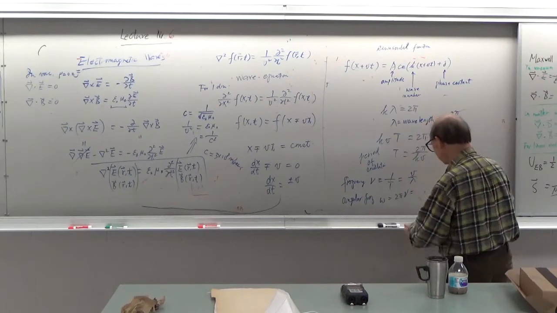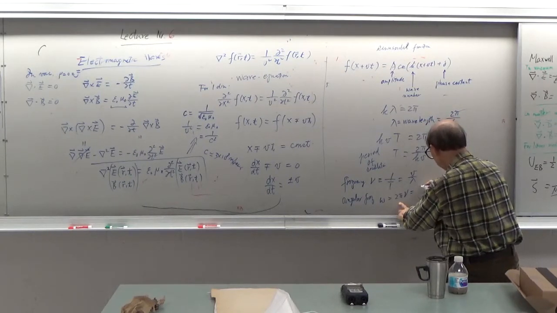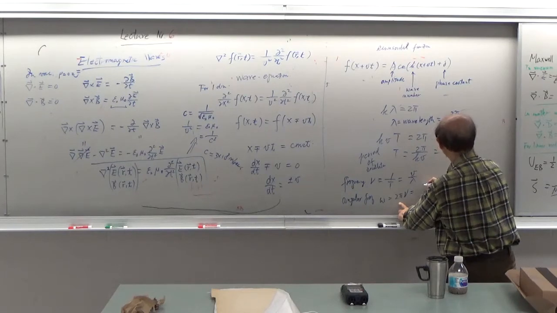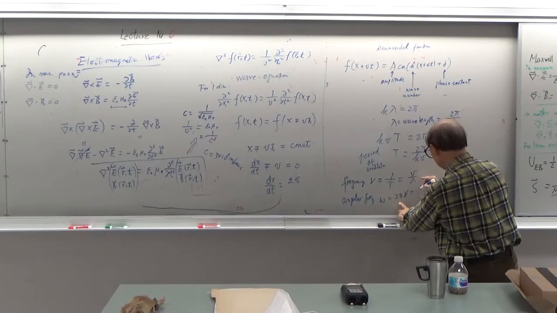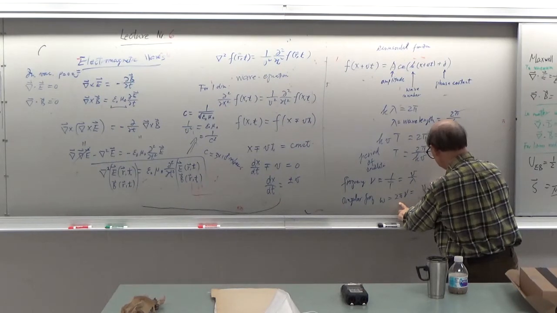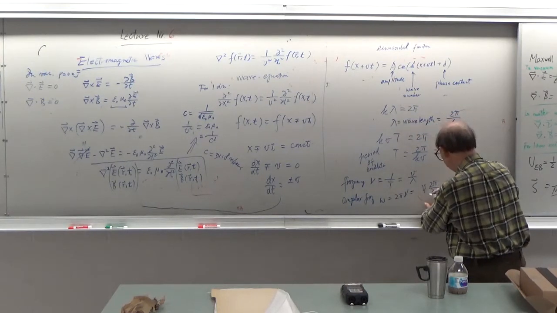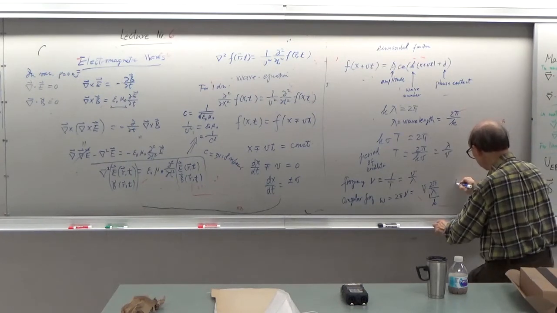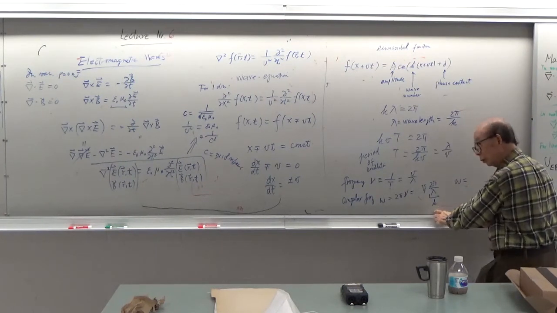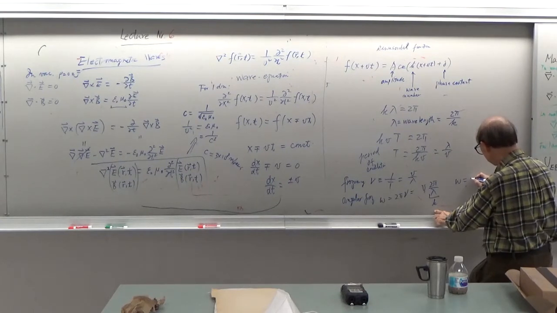So 2 pi nu is v times 2 pi over lambda, but 2 pi over lambda is nothing but k. So the angular frequency omega is related to the wave number k by v k.